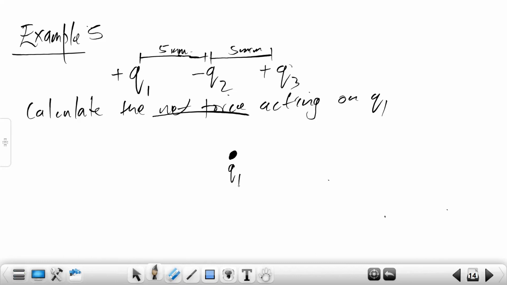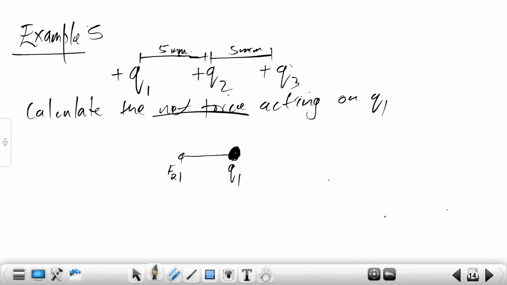Yeah. Then Q1 is our reference. Oh, I can even make it positive. Again, keep it as it is. So now what will be the influence of Q2 on Q1? It's going to be repulsion. So it basically says Q1 will be moving away from Q2. So I'm going to have this force here, which is now F of 2 on 1. I want to make this one bigger for a specific reason.